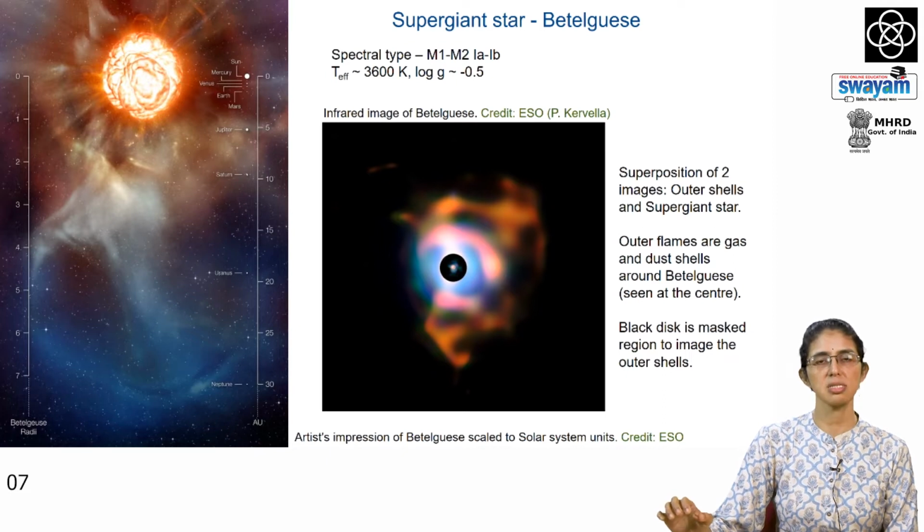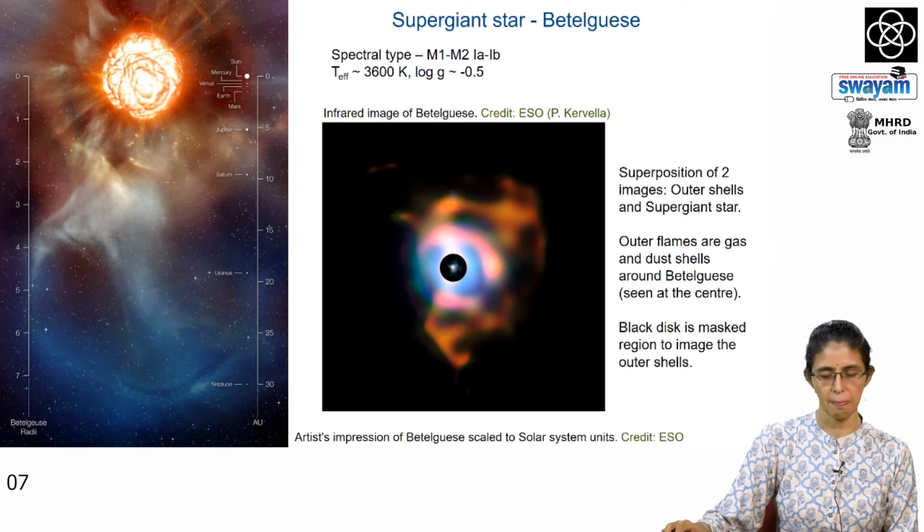To image this flame-like structure, one had to mask out the central regions which are very bright, and that appears as this black disk which is seen at the center. The supergiant star Betelgeuse, which appears as a dot, is an alternate image that is superposed on this image to show us the location of Betelgeuse.